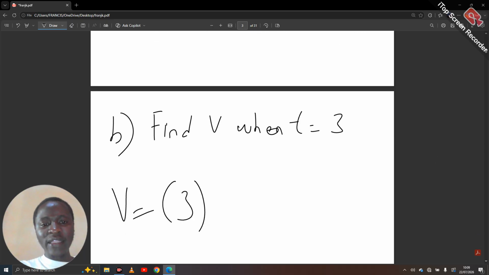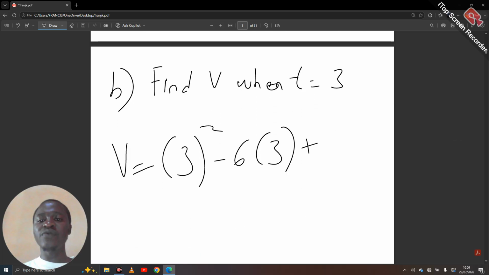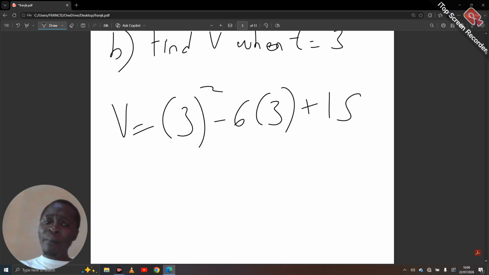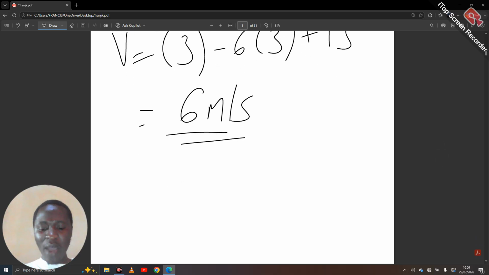So we have 3 squared minus 6 into 3 plus what, guys? Plus the constant, which is 15. Press this in your calculator. Your answer will be 6 meters per second. And that one is our answer.